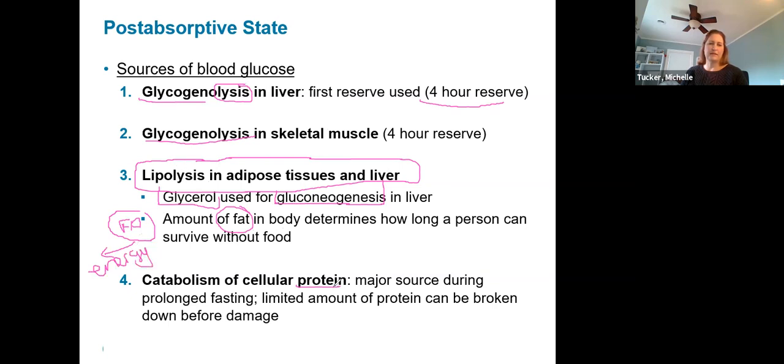And then amino acids can also be converted into glucose. So these are the four sources: glycogen from liver, glycogen from skeletal muscle, glycerol, and then amino acids.